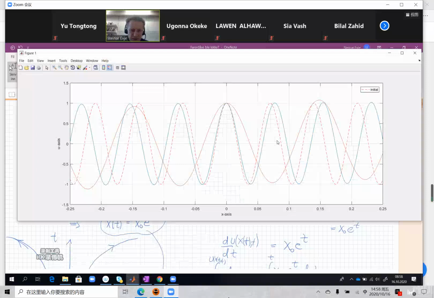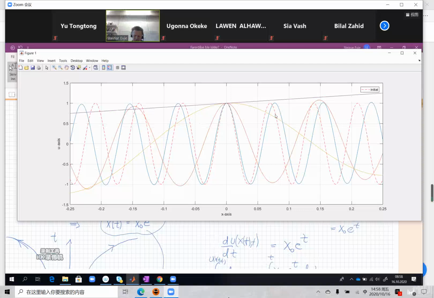So let's plot the solution for a larger time, and here for a very large time. And here you can recognize that the solution essentially is a straight line, and this straight line is nothing but x, and since phi is x plus 1, this line here is x plus 1.